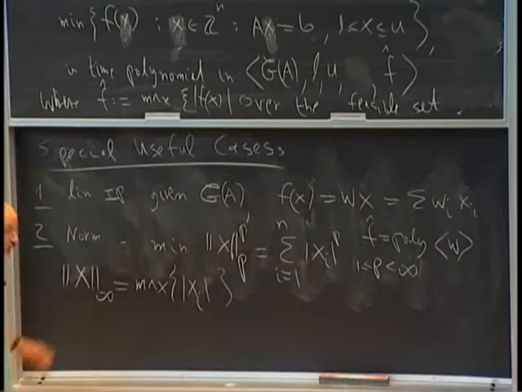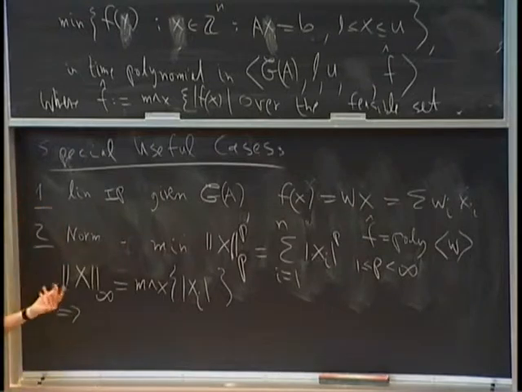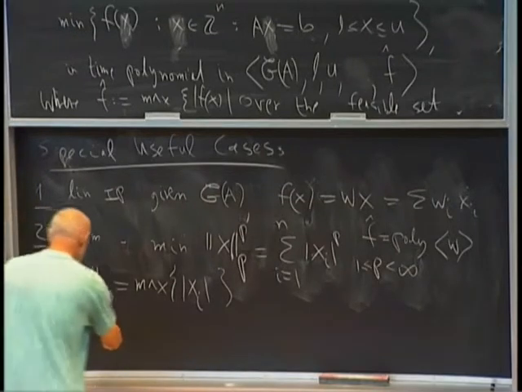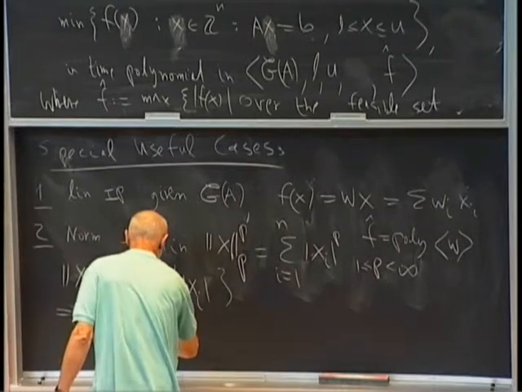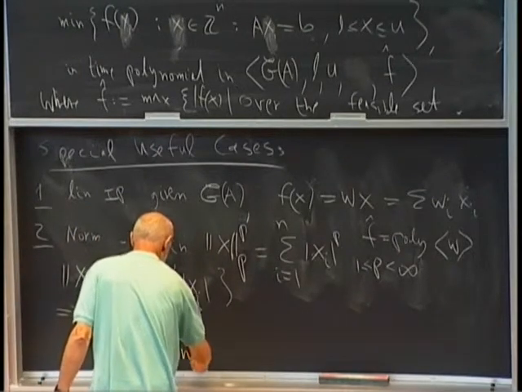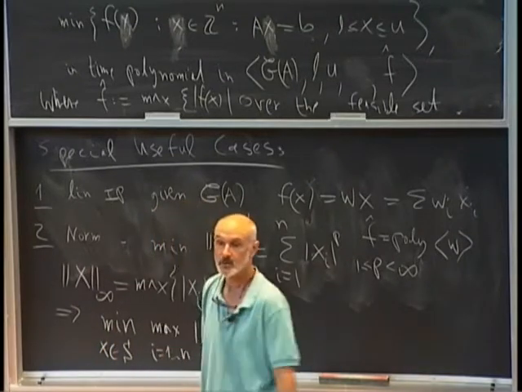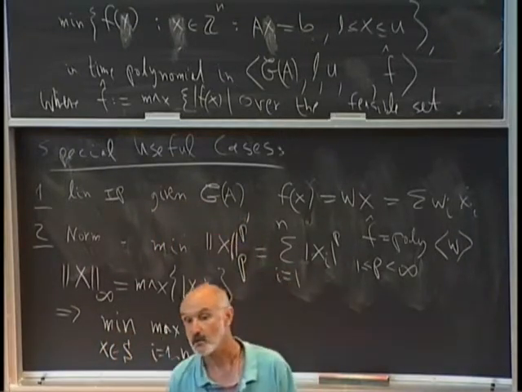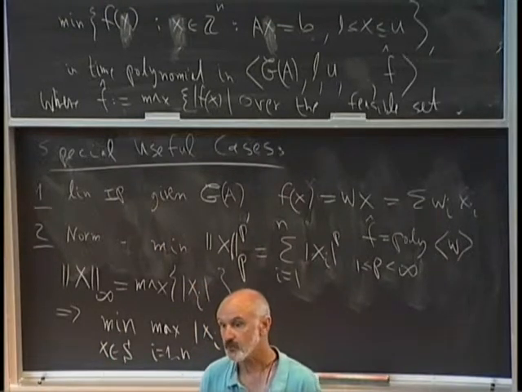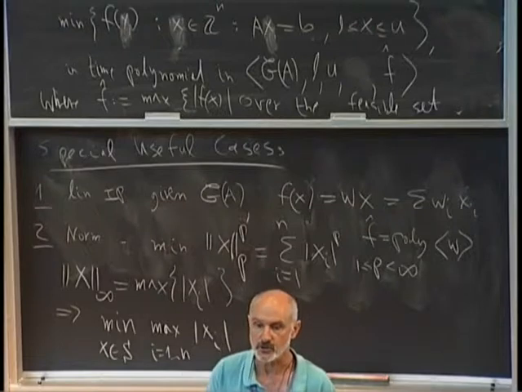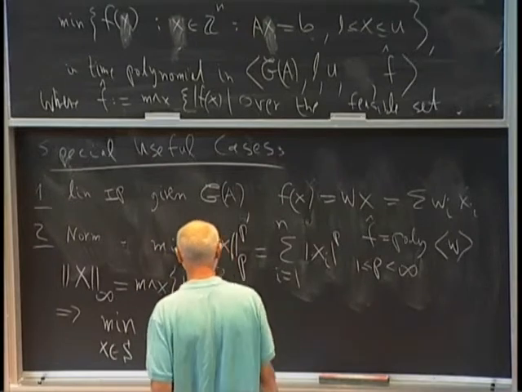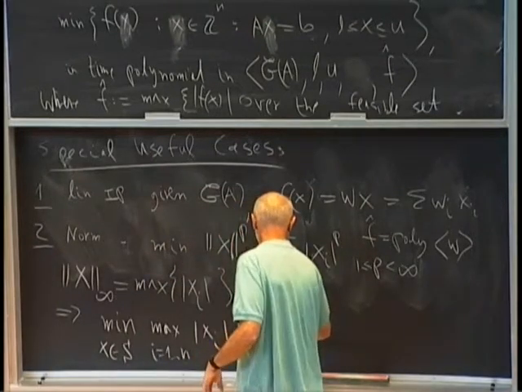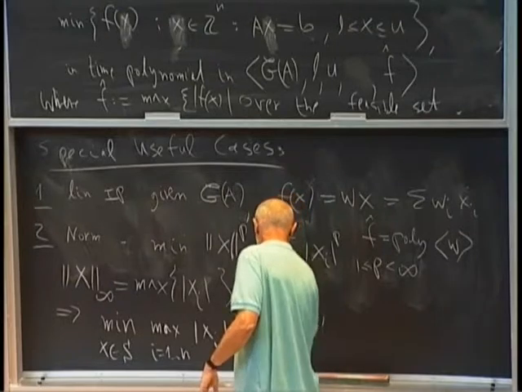So this means that we can actually minimize, it's a min-max problem. Minimizing the L infinity norm means we minimize over the feasible points the maximum over the coordinates of the absolute value. The min-max problem we can do in polynomial time. And this has application to scheduling. Sometimes you want to minimize the maximum time it takes any machine to finish the job, so-called makespan. So this corresponds to scheduling or makespan.